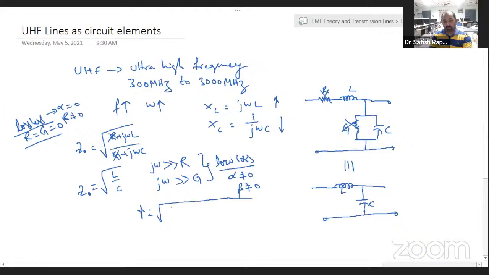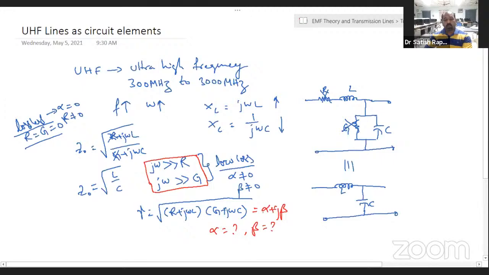Gamma is the propagation constant that we know, the square root of R plus j omega L times G plus j omega C. Applying the condition that j omega L is greater than R and j omega C is greater than G, you will get expressions for alpha and j beta. So that is about the low loss transmission line.